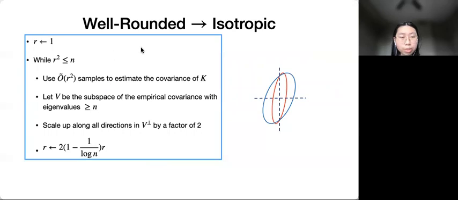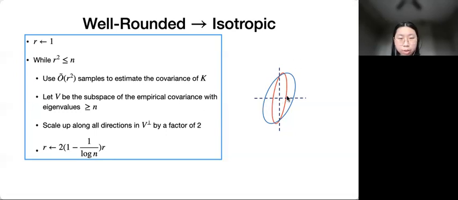We start with the convex body K, and we assume K is well-rounded. We first set R to be 1, and then draw samples. We draw R square samples to estimate the covariance of K. So this R is the inner ball of K. We'll always maintain a ball of radius R in K. And then let V be the subspace with variances at least n.